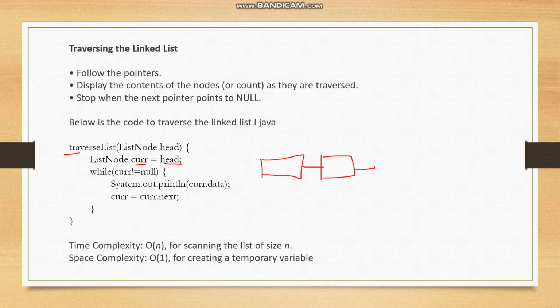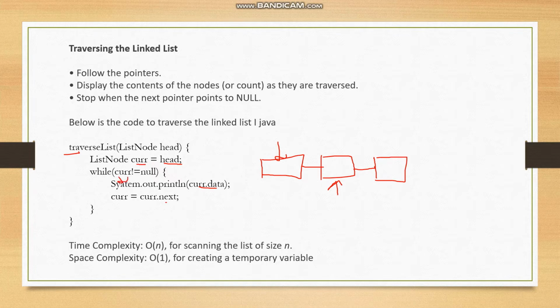As you can see, I have drawn it here. Initially my head was there, so I printed its data, then I pointed to the next. Next time my current will be pointing here, then I will come here.